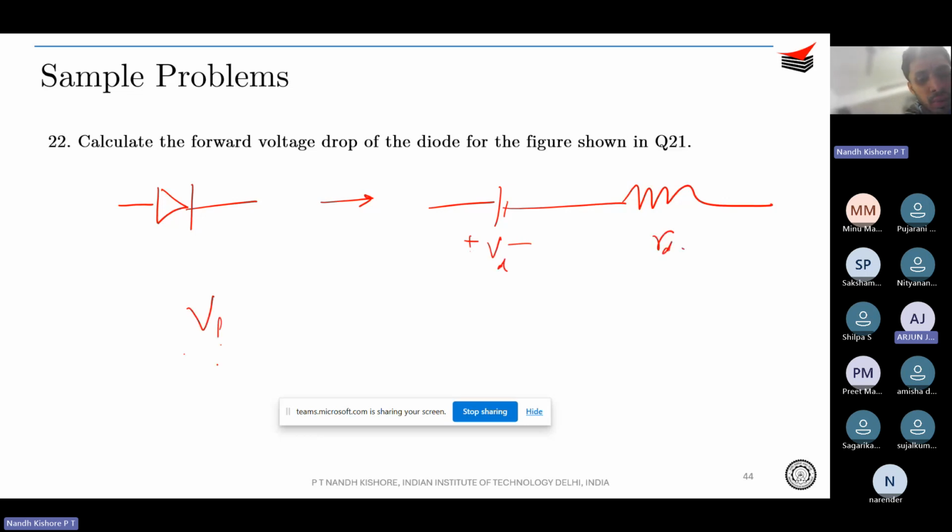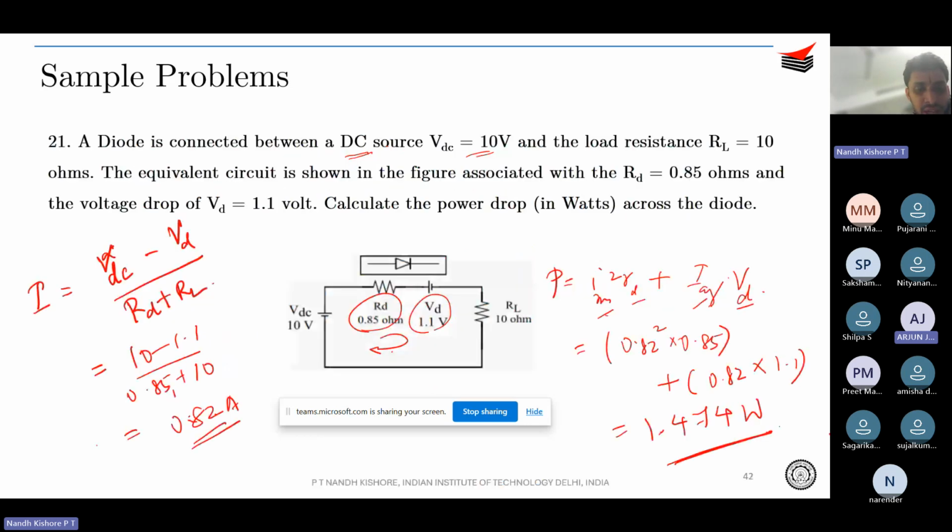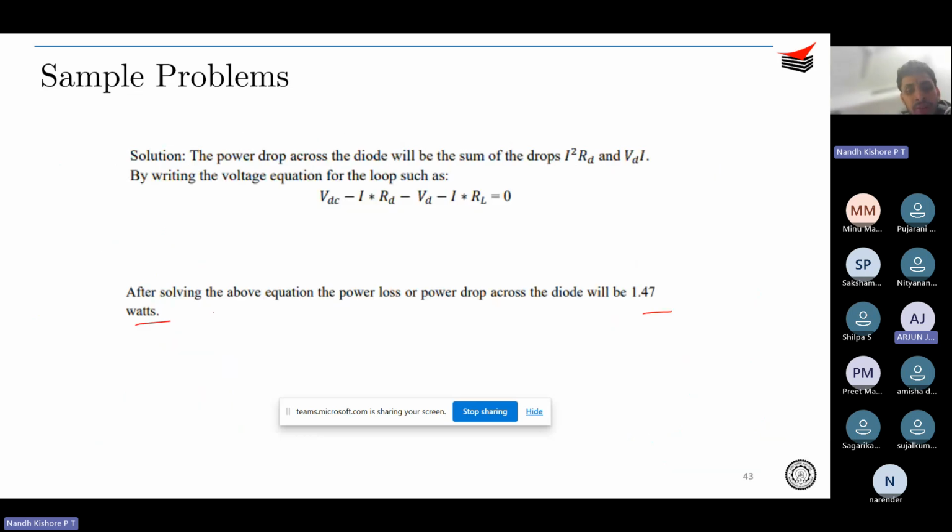So what is the voltage drop? VD plus I into RD. VD is given as 1.1, I is what we calculated as 0.82, and RD is 0.85 ohms.